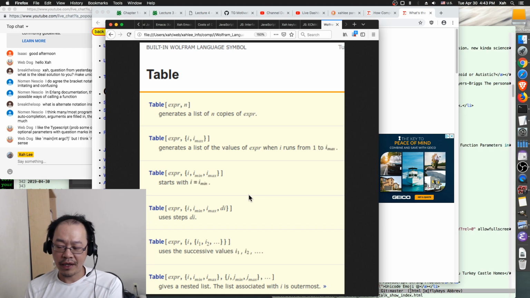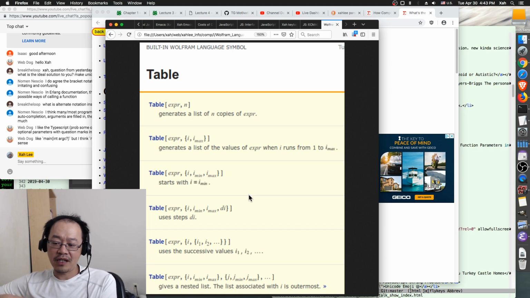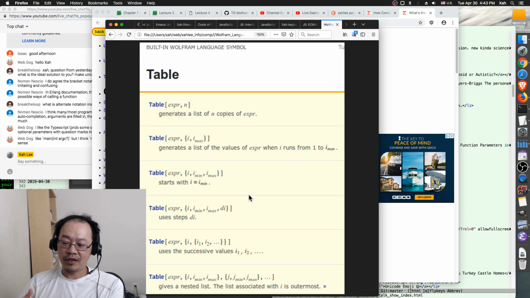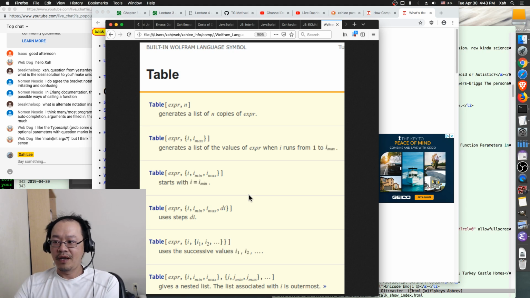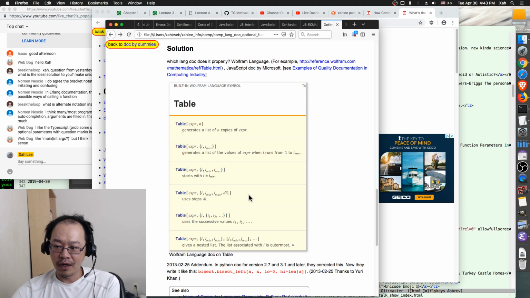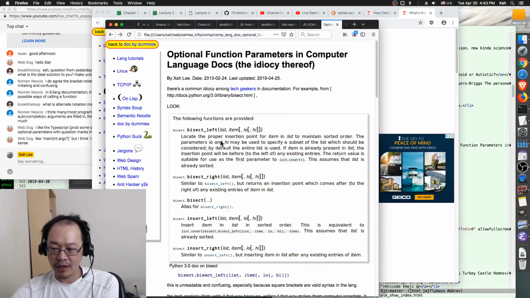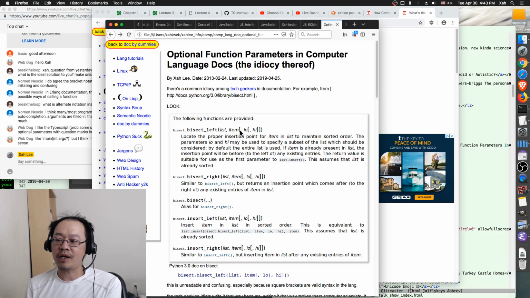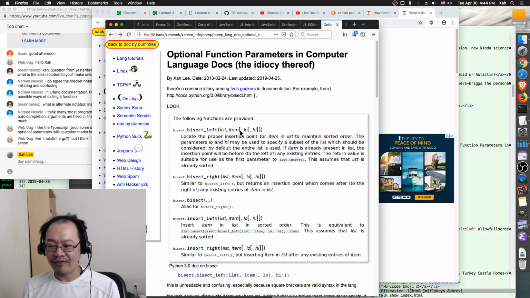I think it's way better because you can clearly see all the variations, and there's no confusion. When you go back to the Python example and use the square bracket in there, there's a confusion because square bracket is actually valid syntax in the Python language.